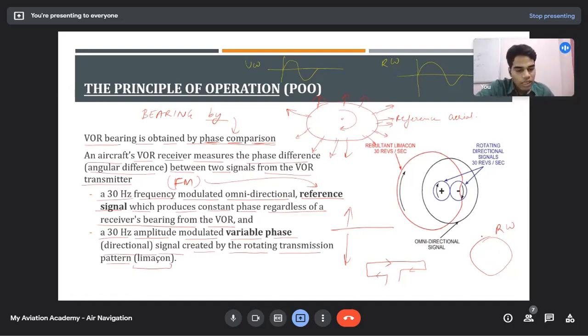Because of these two polar diagrams, we have a diagram like this, which you can see here. This is the diagram created because of the variable signal, and this is the reference signal. So all in all, what we have is a shape like a limacon. This is called a limacon shape, this ugly shape. Okay, limacon.